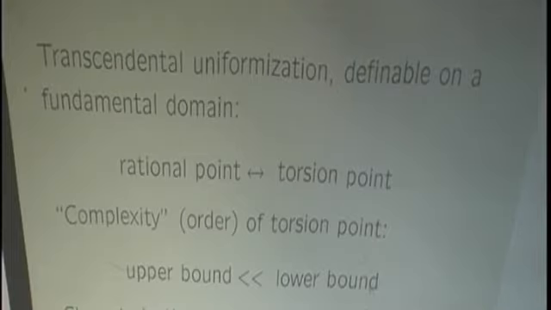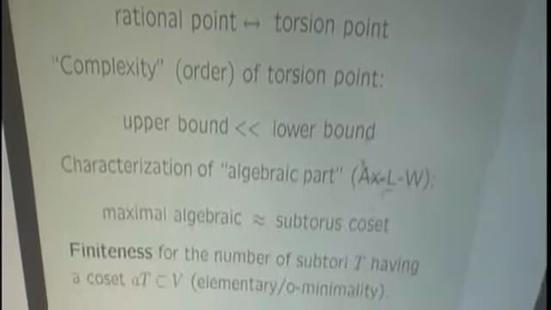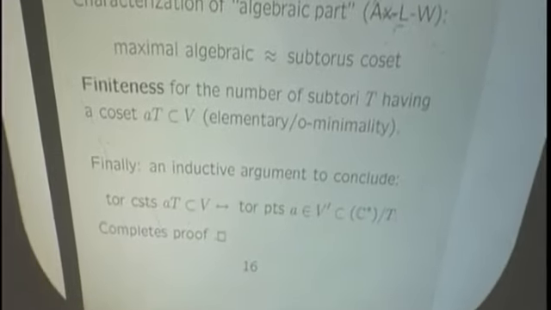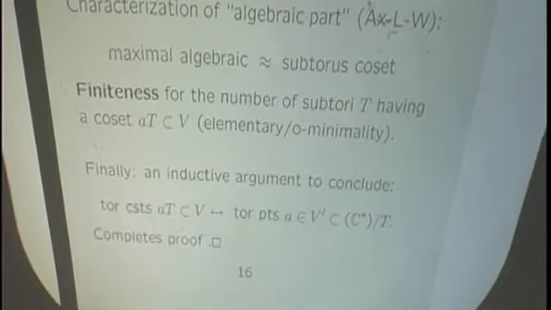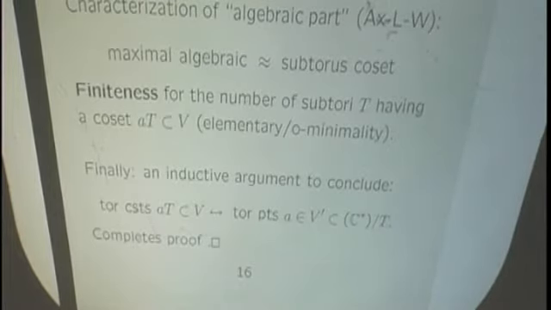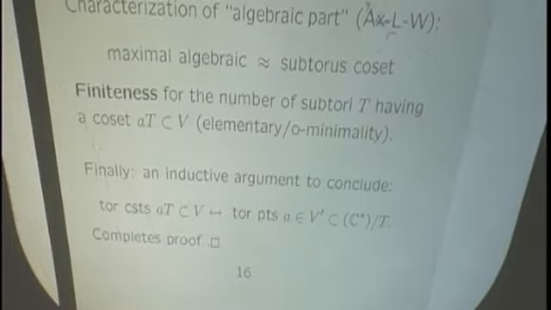We have a characterization of the algebraic part using what I call the Ax-Lindemann-Weierstrass theorem. And the next thing we need to know is that of the possible subtori that have translates occurring in V, there are only finitely many of them. I won't go through that; I'll sketch that argument a bit later on in the other situation.